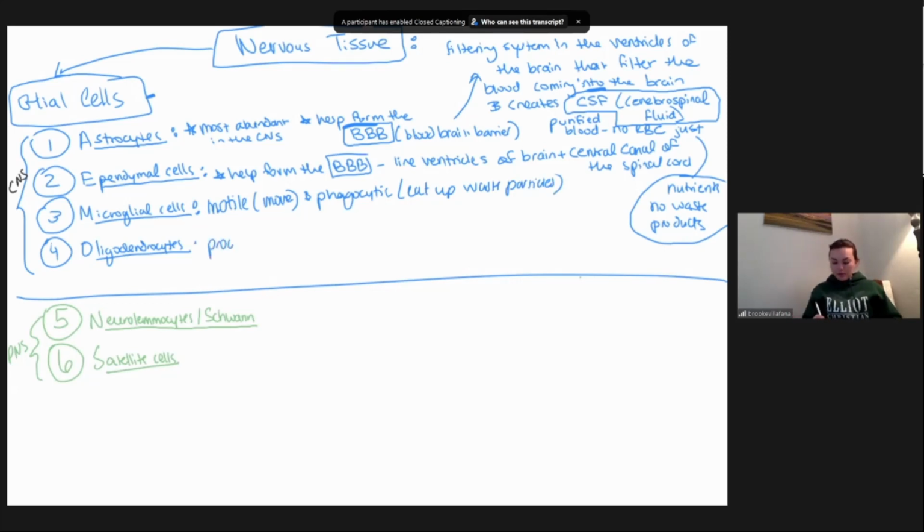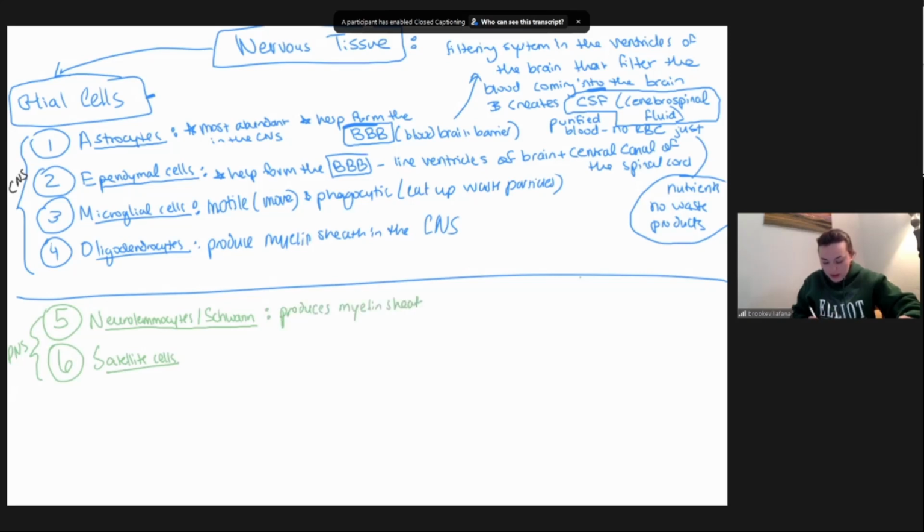Oligodendrocytes produce myelin sheath in the central nervous system. So like we know, myelin sheath covers the axon, right? And then we also have Schwann cells that produce myelin sheath in the peripheral nervous system.